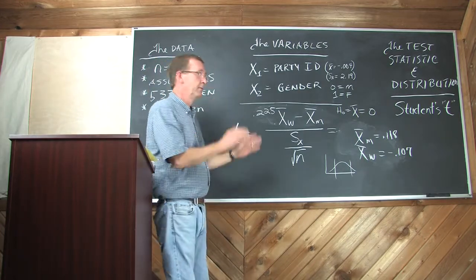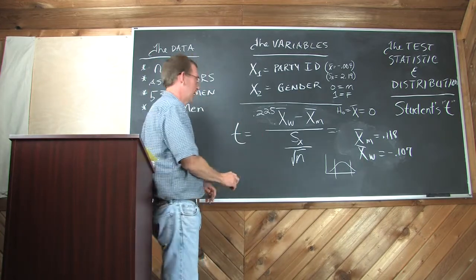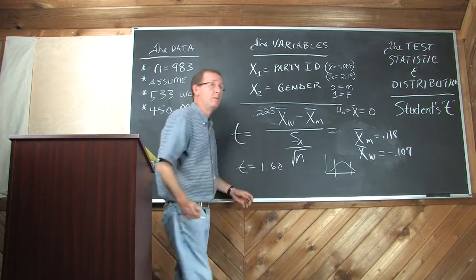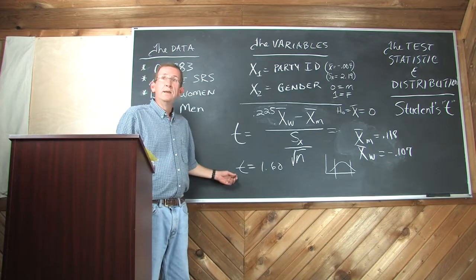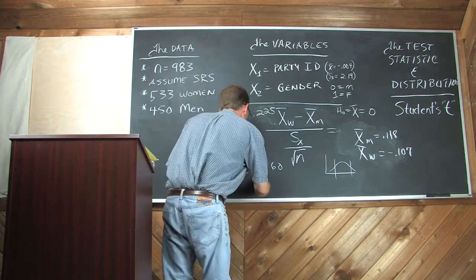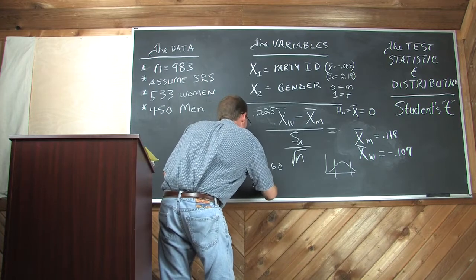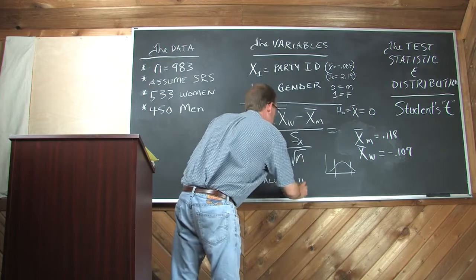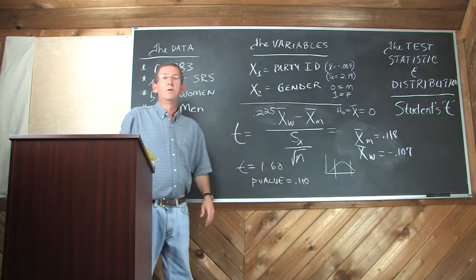What you're going to discover, and pause to let you work it all out, is the t here is equal to 1.60 or thereabouts, and that the p-value associated with this score is 0.110.